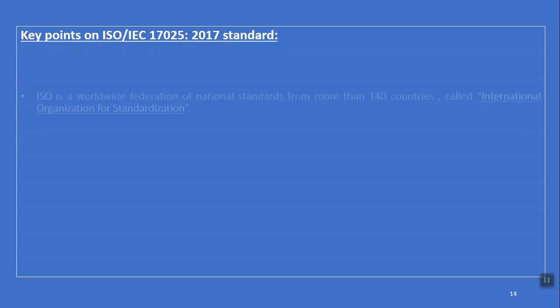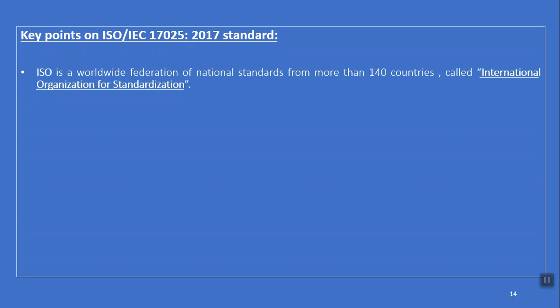Now, the key points on this particular standard, 17025:2017. ISO is a worldwide federation of national standards bodies from more than 140 countries, called the International Organization for Standardization. This is the abbreviation of ISO. It has nothing to do with the English word "iso". IEC is the International Electrotechnical Commission.